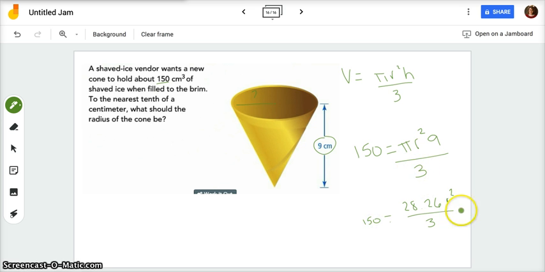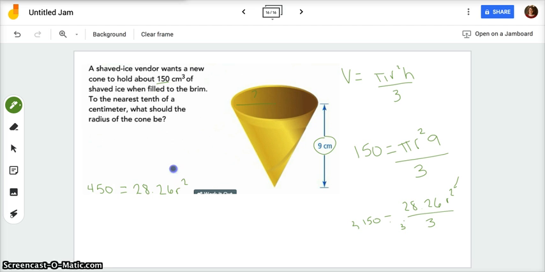Okay, so let's remind ourselves when we're trying to solve for a variable, we need that variable to be by itself. So I'm going to undo division by multiplying both sides by 3. 3 times 150 is 450. So 450 is going to equal 28.26 times the radius squared.